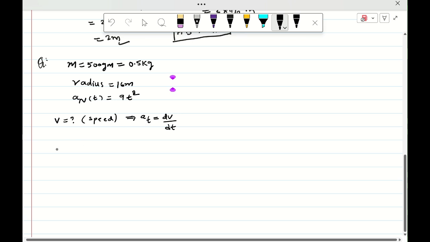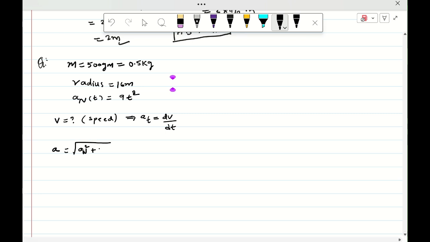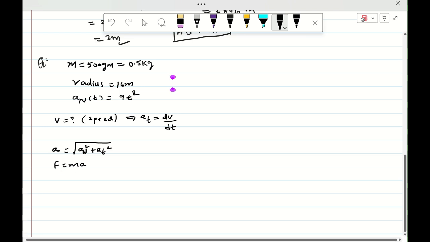Then we can find the net acceleration, because AN is already given, so A net is equal to root over AN square plus AT square. Then once the A value is there, F equal to MA will come. Centripetal force means MAN, tangential force means MAT, so the total force is the net force, equal to MA.